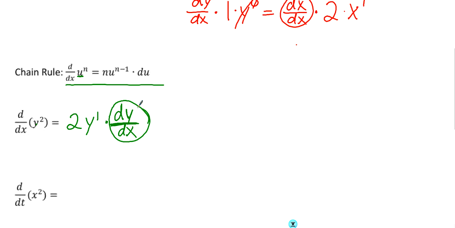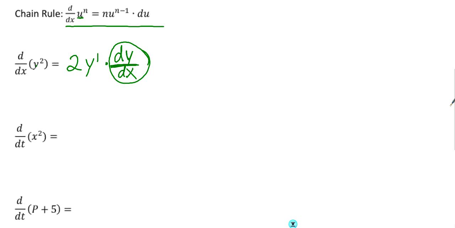Okay? So for instance, I'm going to show you even with x, if I take the derivative of x squared with respect to t, now my variables don't match. So again, using chain rule, I'm going to get 2x to the first power times the derivative of the inside, which is dx over dt.